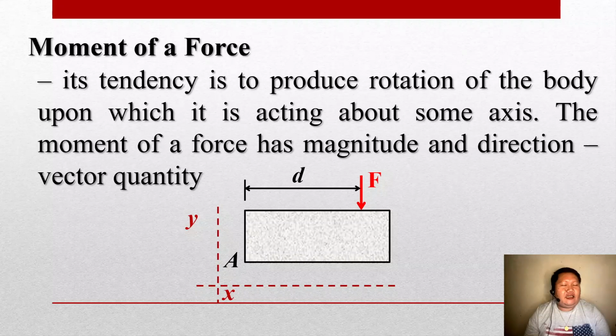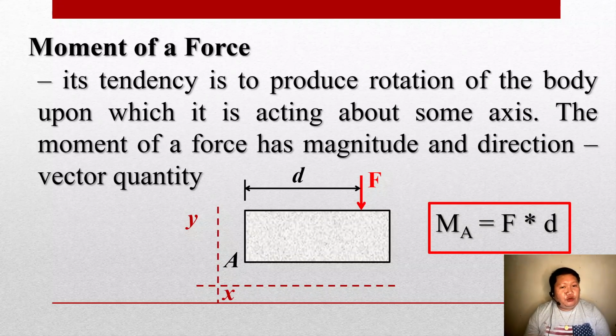As you can see, it should always be perpendicular. So the F is located a perpendicular distance d from the projection of point A. And the moment is the product of the force times distance.